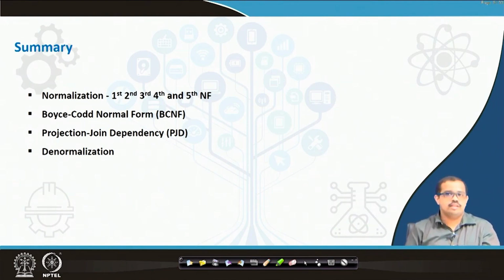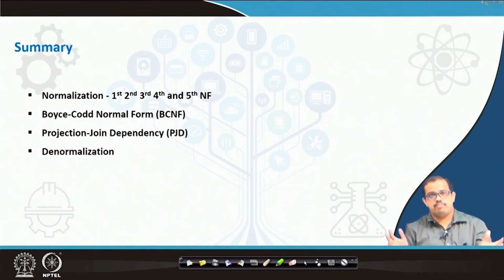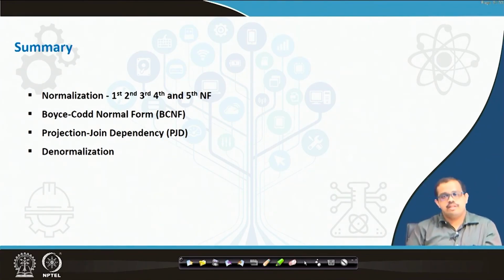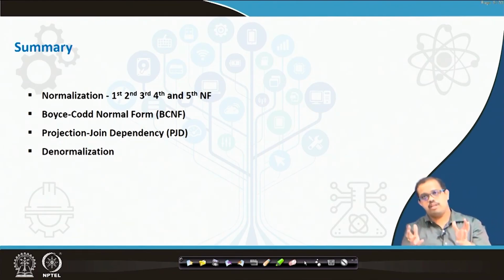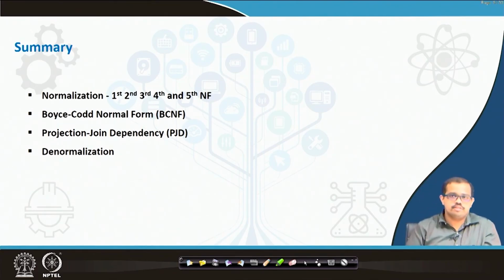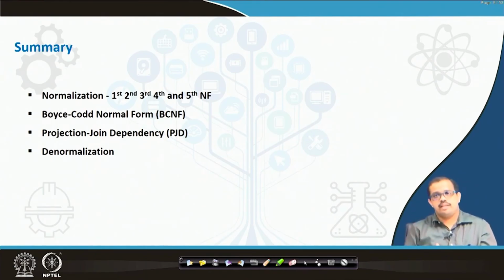I have not spoken about it here because it is itself a topic that can be dealt with for an entire week. It is extremely important if you are trying to understand the fifth normal form. Then we looked at denormalization. I gave an example of how you denormalize from a second normal form to the first normal form. Any way, you can do it from any step to any step. That is nothing but denormalization.